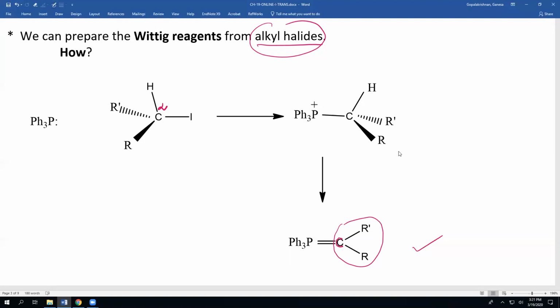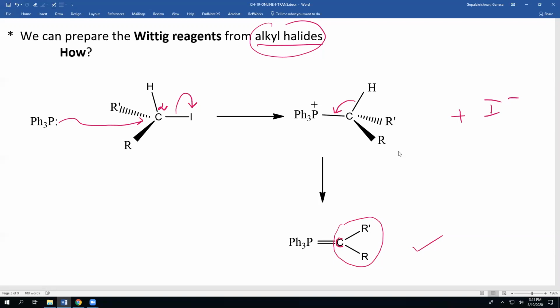and a hydrogen. If you treat that alkyl halide with triphenyl phosphine, the triphenyl phosphine is a nucleophile. It reacts with it by an SN2 reaction and forms this product, I minus left. And then this drops the proton and flips the bond here.